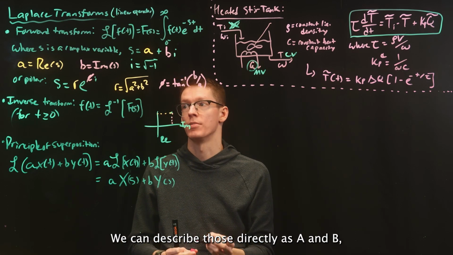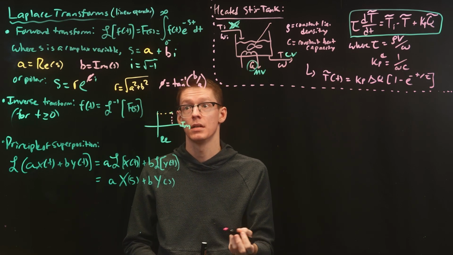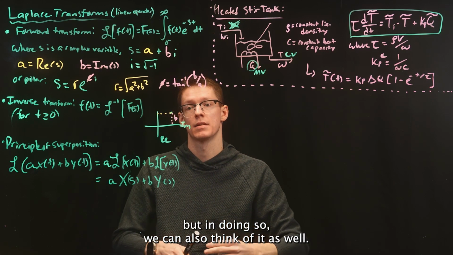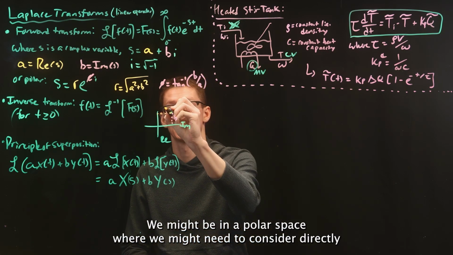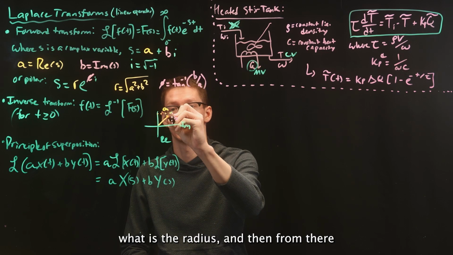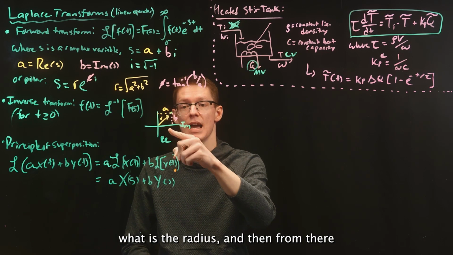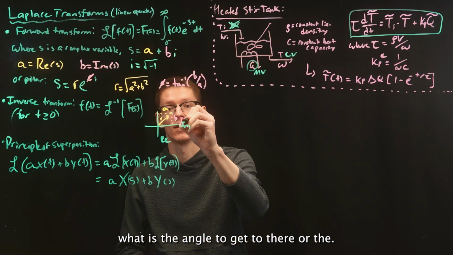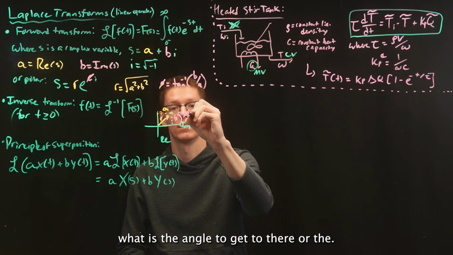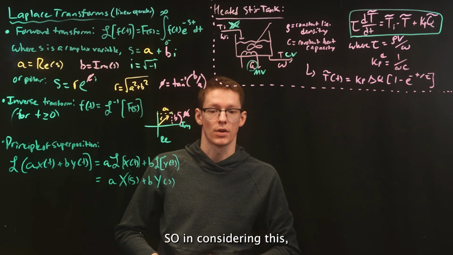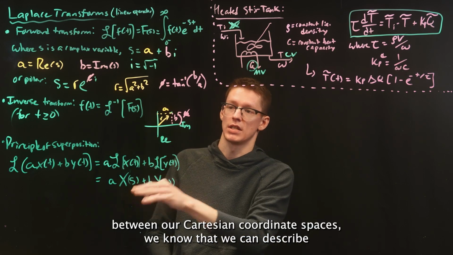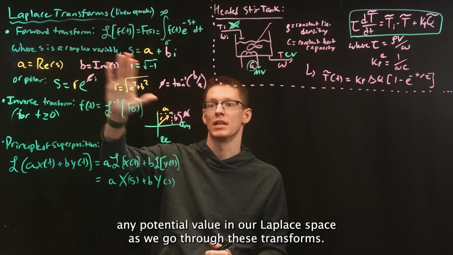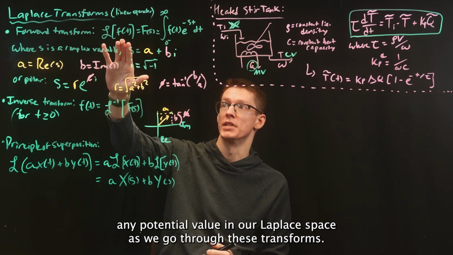We could describe those directly as a and b, but we can also think of it as, well, we might be in a polar space where we might need to consider directly what is the radius, and then from there, what is the angle to get there. So in considering this between our Cartesian coordinate spaces, we know that we can describe any potential value in our Laplace space as we go through these transforms.